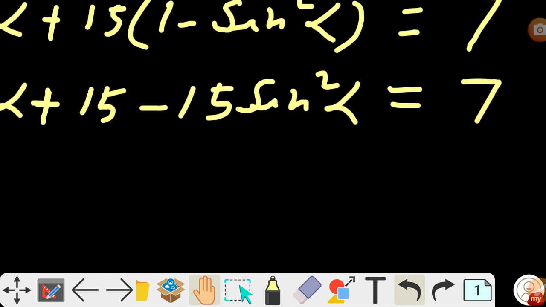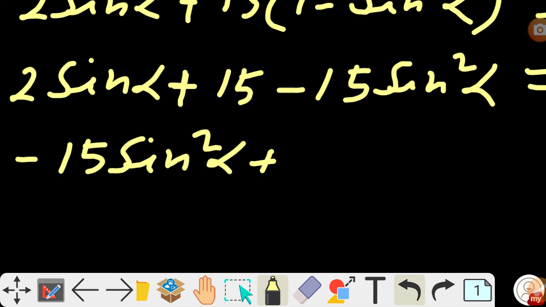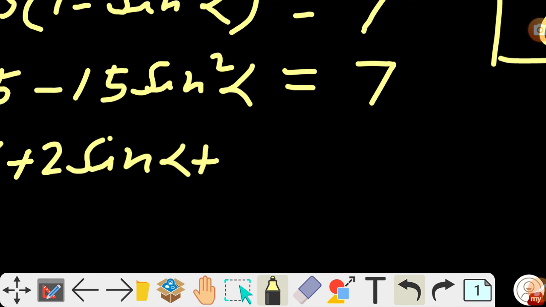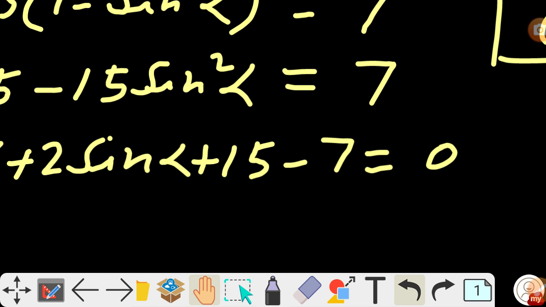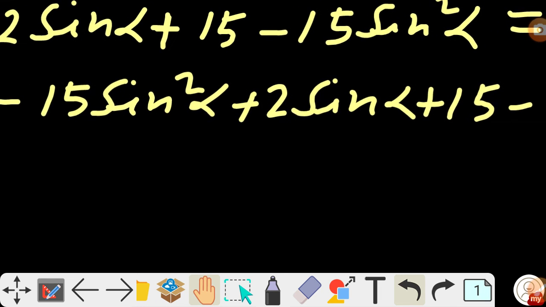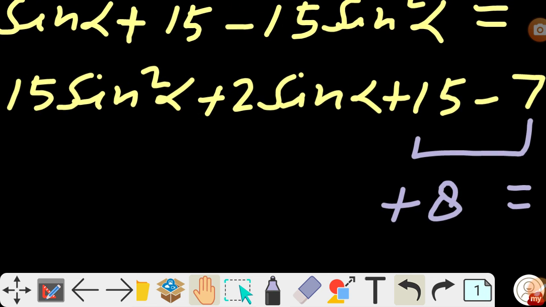Then minus 15 sin square alpha plus 2 sin alpha plus 15 minus 7 equal to 0. We get here plus 8 equal to 0: minus 15 sin square alpha plus 2 sin alpha plus 8 equal to 0.